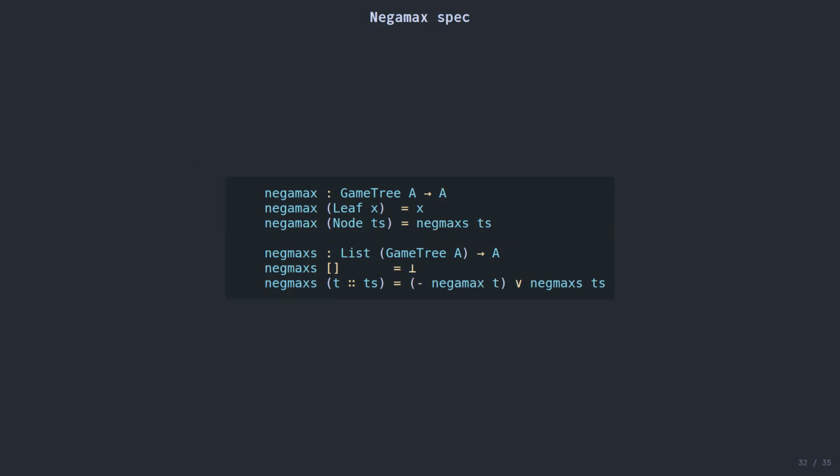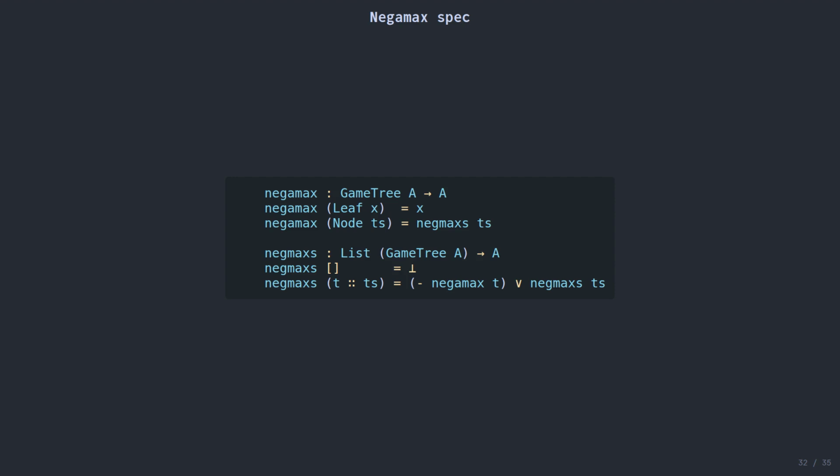We can now define the specification of negamax, a single function that captures both min-max and max-min. The structure mirrors the negative tree we introduced just a moment ago. At a leaf, we return the value. At a node, we evaluate each child, flip its sign, and take the join.